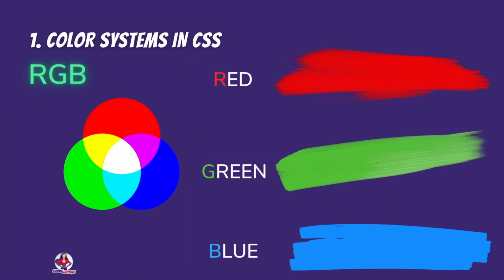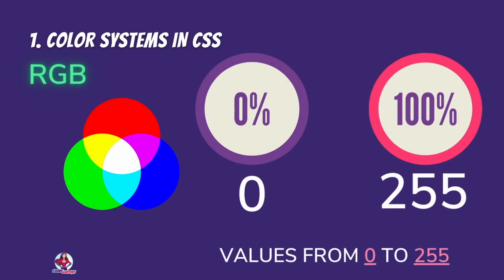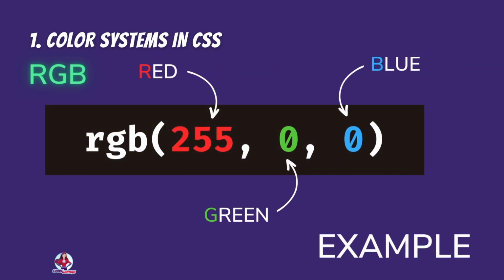RGB, red, green, and blue, is like making a color cocktail by mixing red, green, and blue colors in different proportions. In CSS, you define each color by providing 3 values ranging from 0 to 255. The higher the value, the more of that color is used in the mix. It's like a recipe with 3 main ingredients and you decide how much of each ingredient to use.